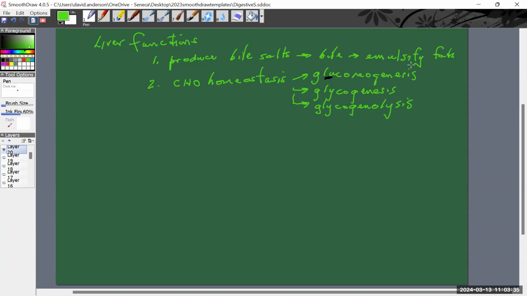So glycogenesis is pretty straightforward. That's the formation of glycogen. That would be a step that would not increase blood glucose levels because we're making glycogen. But the other two mechanisms, gluconeogenesis and glycogenolysis, would both release glucose into the circulation and therefore raise blood glucose levels.